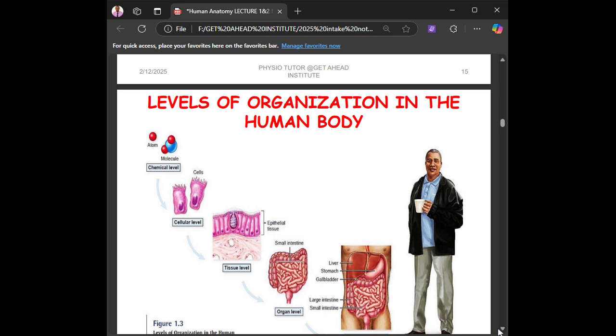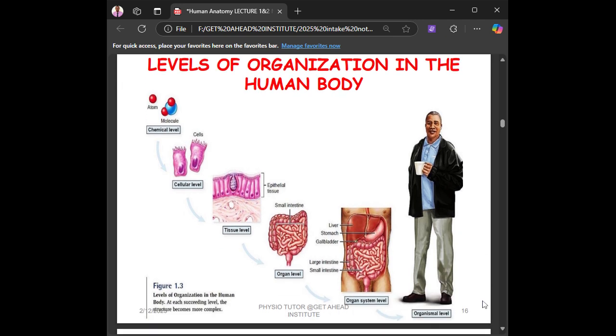Then let's talk about the levels of organization in the human body. We need to understand that the simplest level of organization within the body is the chemical level that you are seeing here on this slide.